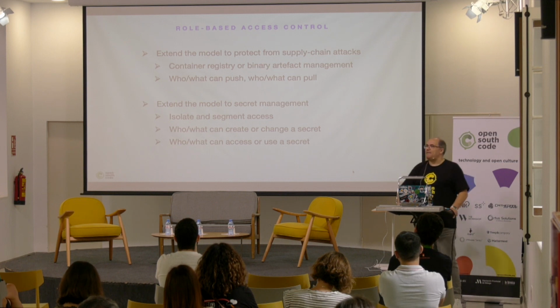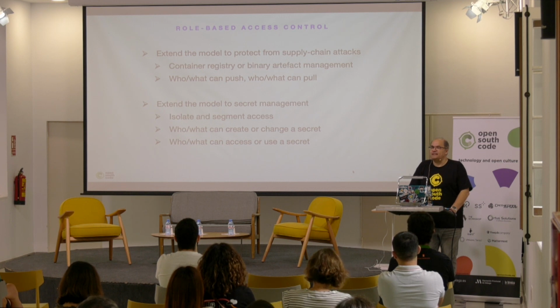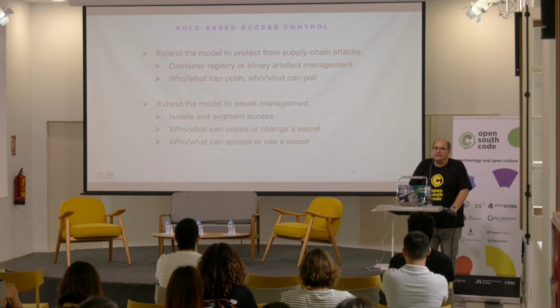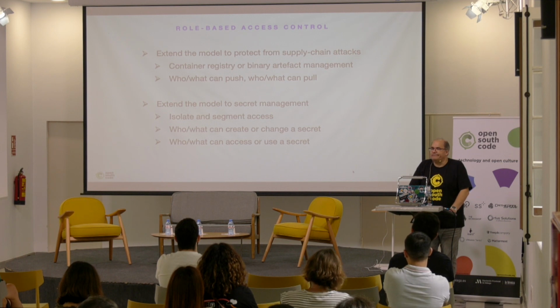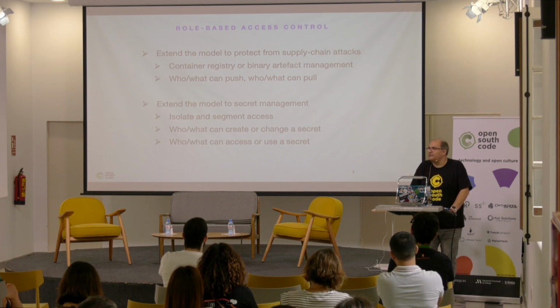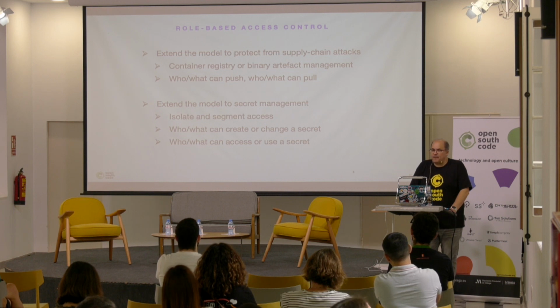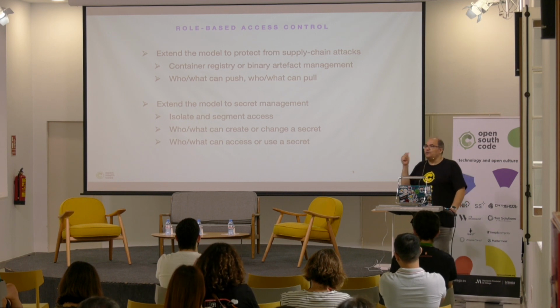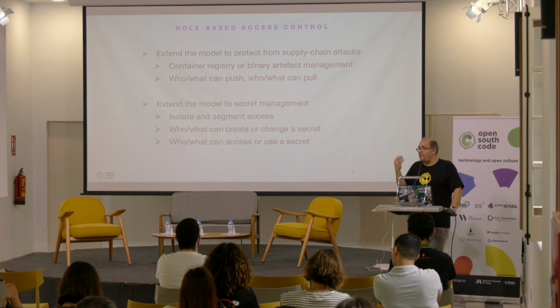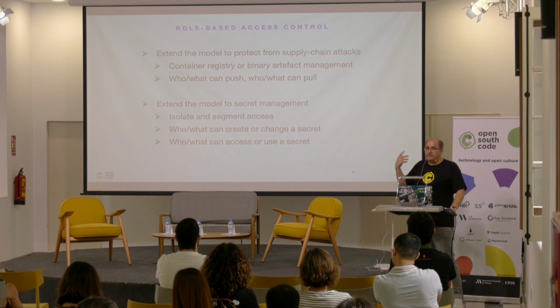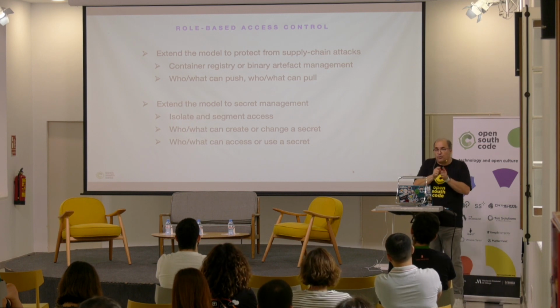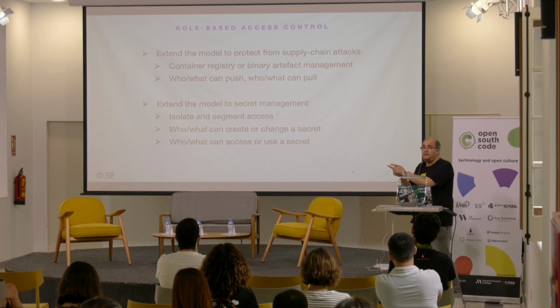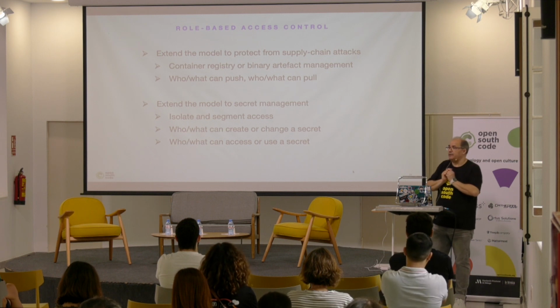So imagine if I have access not to your cluster, but to your image registry, and I can just replace your images with whatever I like, for example, adding a backdoor, etc. So when we speak about RBAC, we also need to extend that to our container registry, or in general to the places where you are putting binaries. This means, for example, who can push, or who or what can push something into that container registry, or who or what can pull images from that container registry.